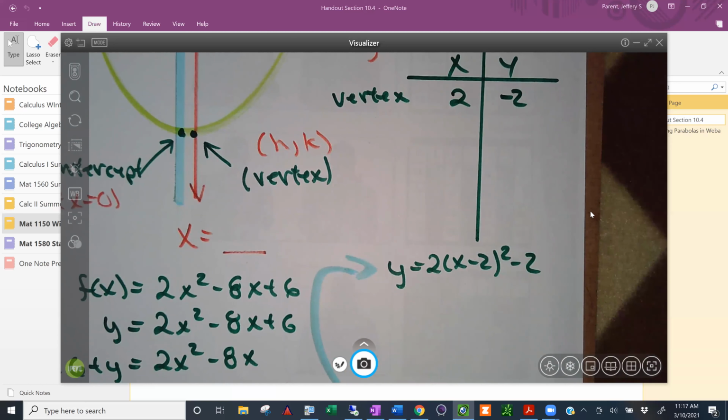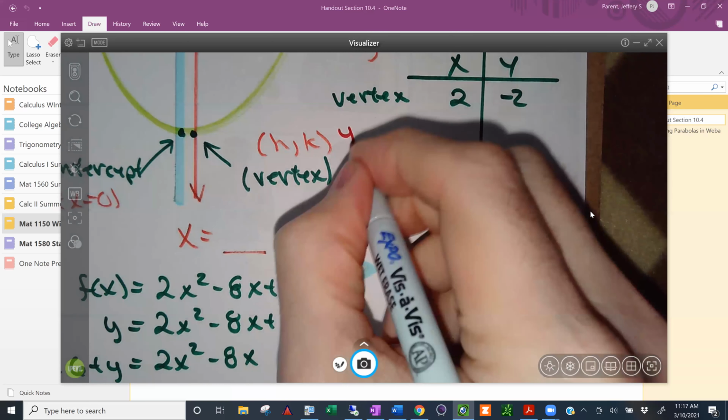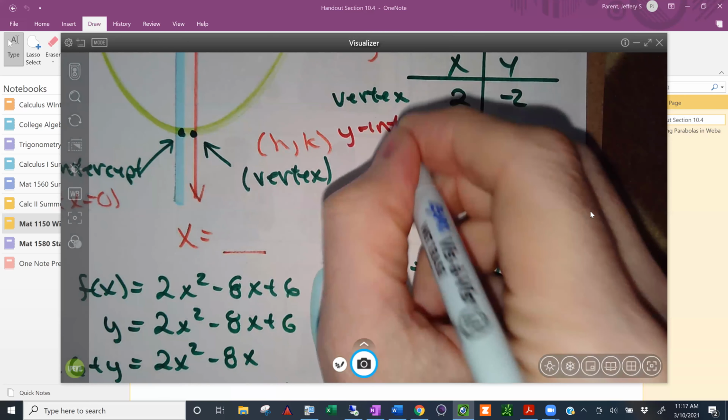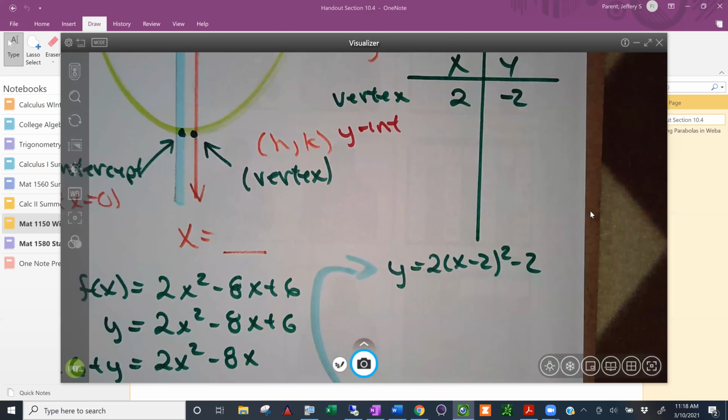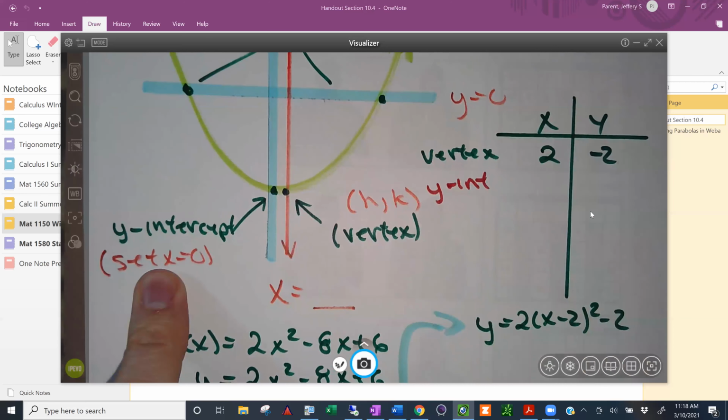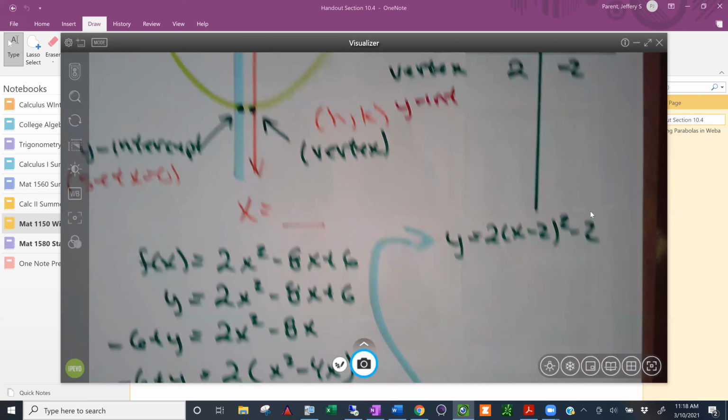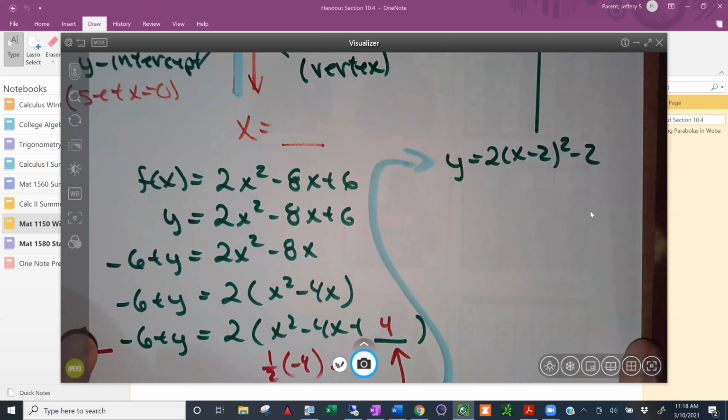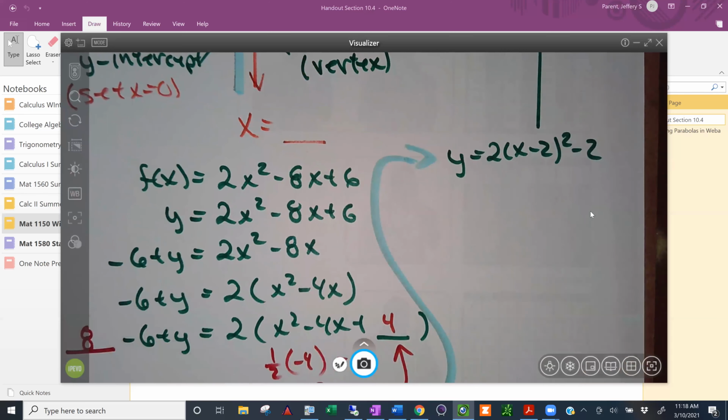The next important point that I want is going to be the y-intercept. So for the y-intercept, the thing was to set x equal to 0. So let me do that. Now, before I do that, I'm going to give you a choice because we've got 2 different formats of my equation.